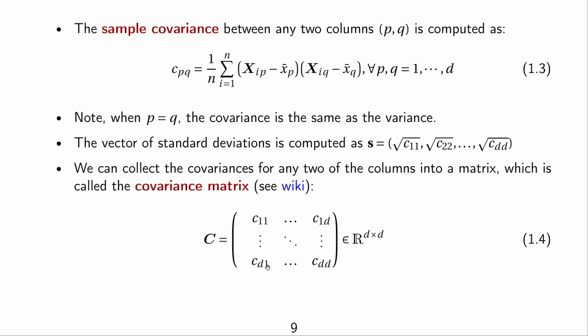This matrix is going to be symmetric, so this element CD1 is going to be the same as C1d, and the variances are going to be on the diagonal C11 to CDD. Therefore, the vector of standard deviations can be computed from the diagonal of this matrix C by taking the square roots of the diagonal elements.